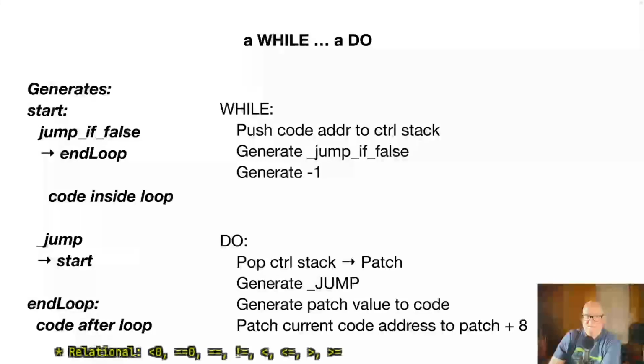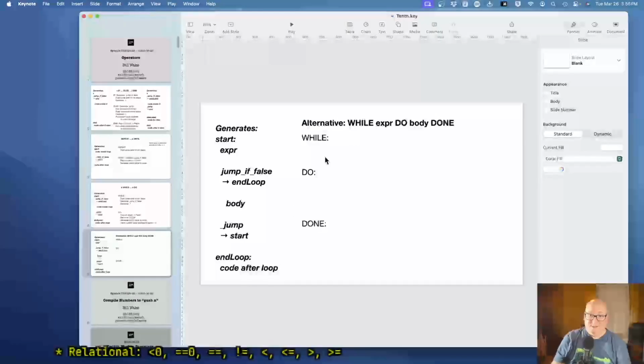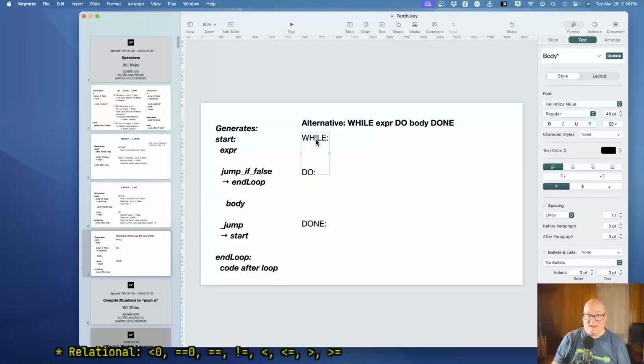I'm thinking maybe a different wording would be better. If you said while expression do body then done, okay, then the expression is going to get evaluated at the first. I haven't said what we're doing yet. But this is what we'd have to specify in here, like what's going to happen with the while.